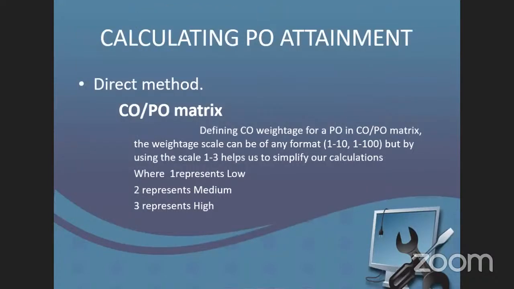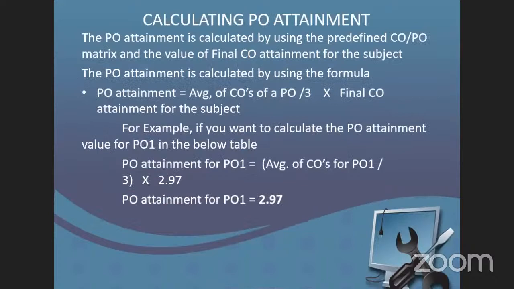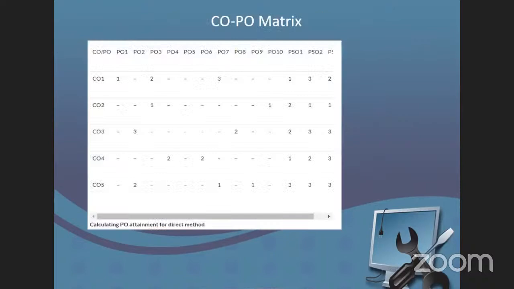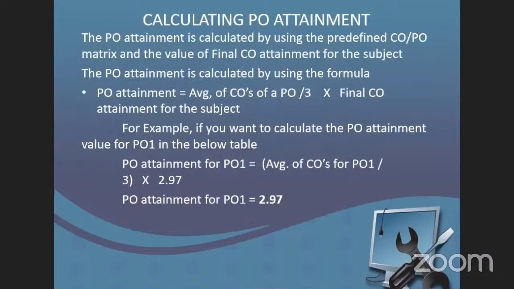Next sheet, PO calculation. This is the formula you wrote now: average of COs for PO1 divided by 3. What is the meaning of 3? Divided by 3, because 3 is the maximum value. Okay, 1, 2, 3. 3 is a constant, which is the maximum value. Okay, ma'am. Thank you.